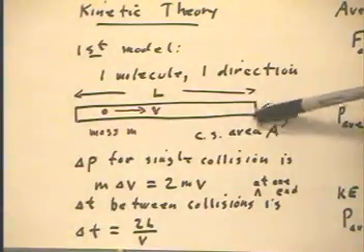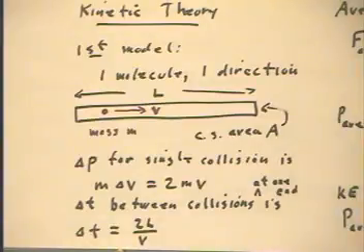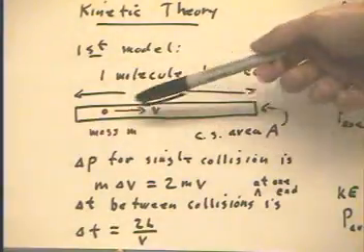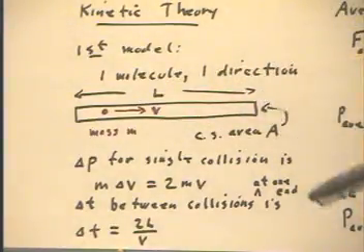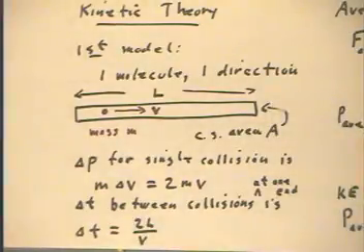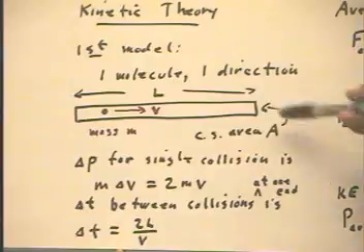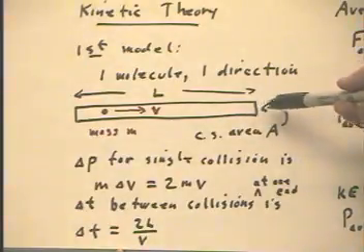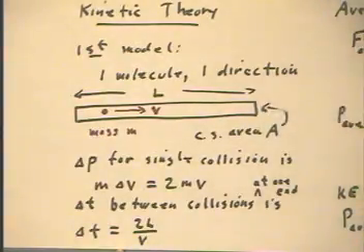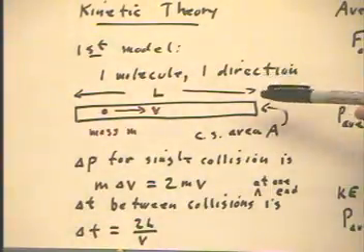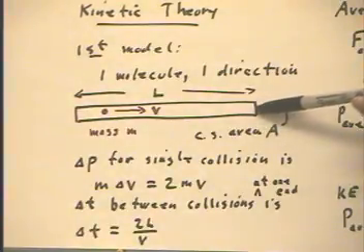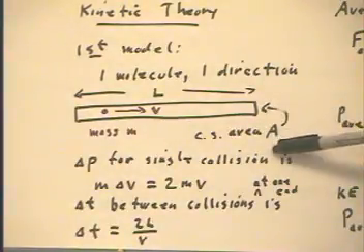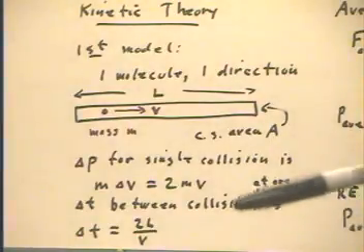In order to find the pressure here, we're going to find the average force exerted by this molecule on this end. That average force we're going to get from the impulse momentum theorem. The average force is the average rate at which momentum changes at this end, and that's equal to the total change of momentum over a time interval divided by the length of the time interval.